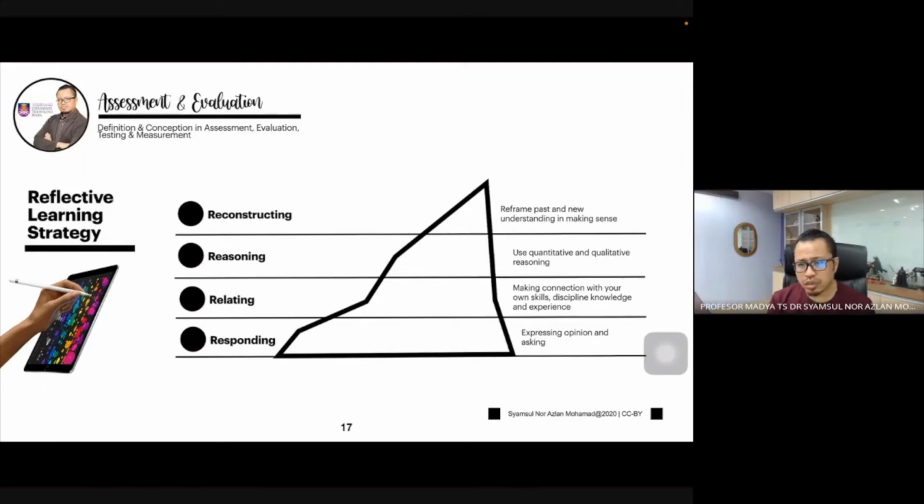We need to encourage this because some of the students feel demotivated when they start responding, but the lecturers or teachers reject their answers because the answer is not right. This is the biggest mistake that happens with teachers. So what we need to do is to encourage them and allow them to participate. Don't bother about the wrong answer and the right answer. Just let them speak.